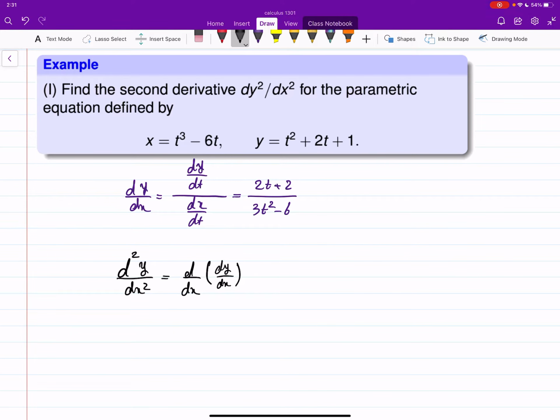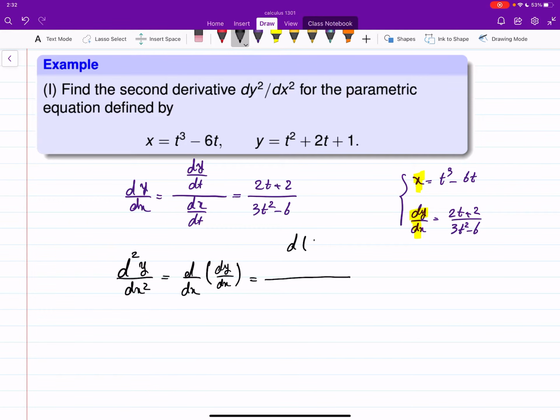So in other words, x is defined in terms of the parameter t. The derivative is defined in terms of t. Now we want to find the derivative of this with respect to that. This is exactly what we do when we're trying to find the first derivative.